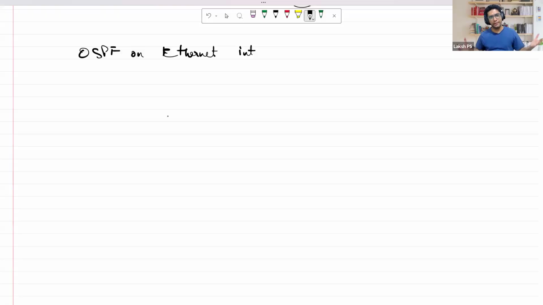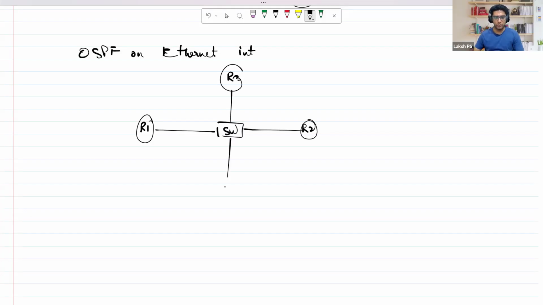Or let's imagine that there is actually a topology where multiple routers R1, this is a switch, R2, R3, and R4. You have four such routers which are connected to each other through a switch.